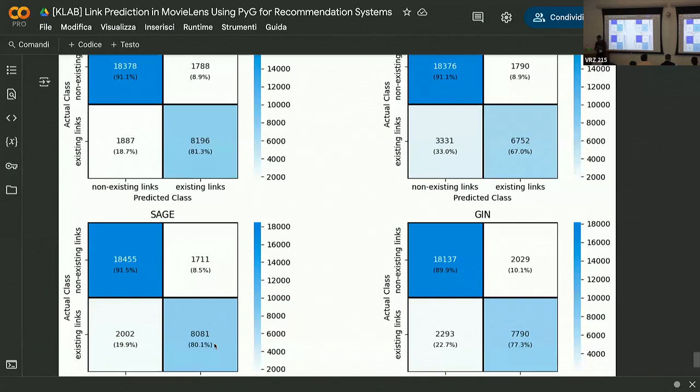Because empirically, this is against the tendency of saying, okay, if we have more parameters, like in graph attention networks, then we obtain better results. There are some cases like the one that we have seen in which it doesn't happen. And why doesn't it happen? Well, in this case, because we have very sparse graphs, in the sense that we have many nodes, but you do not have a very dense connectivity between these nodes.